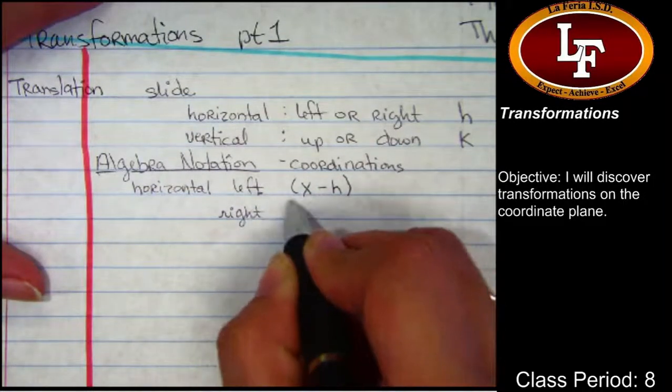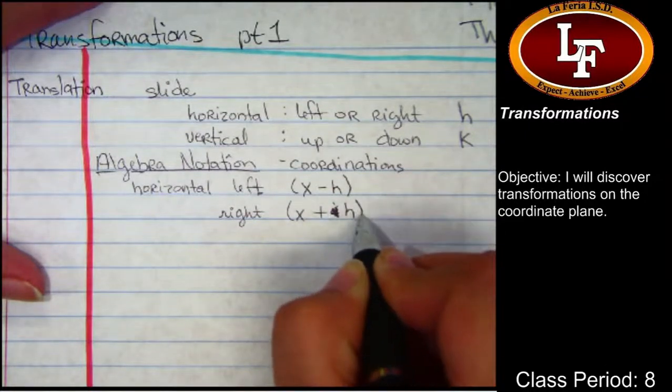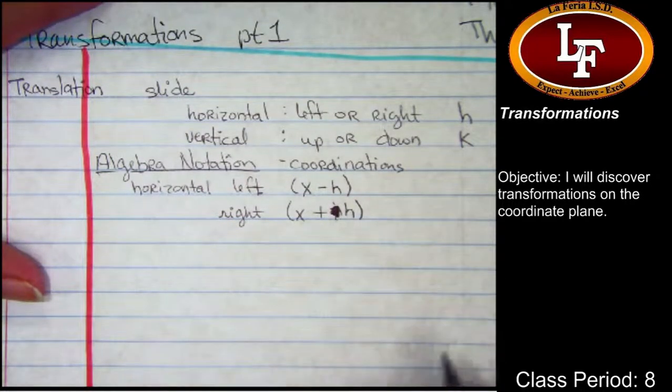Following that same thought, if you had a translation to the right, you're going to use addition. Please ignore this black squiggle spot. I messed up. Sorry. So you're going to add however many units they told you to move to the right to the x-coordinate. Okay?